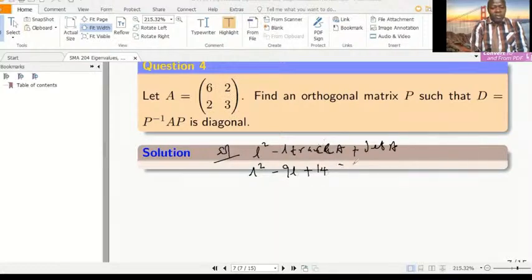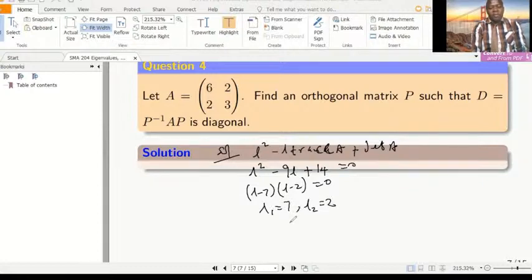Now equate this to 0 and factorize. When you do that, you get lambda minus 7, lambda minus 2 equals 0, which means that the eigenvalues are 7 and 2.